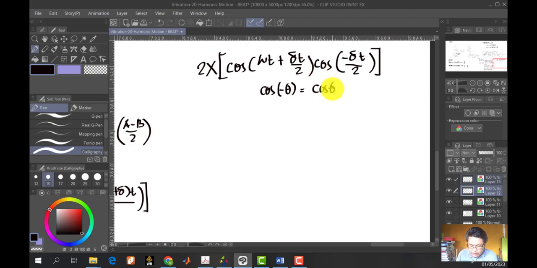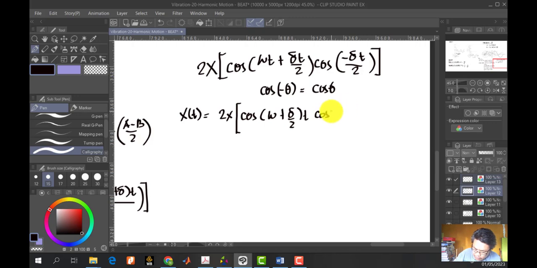So I can change this, and my beat equation now, where x as a function of time is equal to 2x times cosine, I can factor the common t here, so we have angular velocity plus lambda over 2 multiplied by time, multiplied by cosine of lambda over 2 times time.